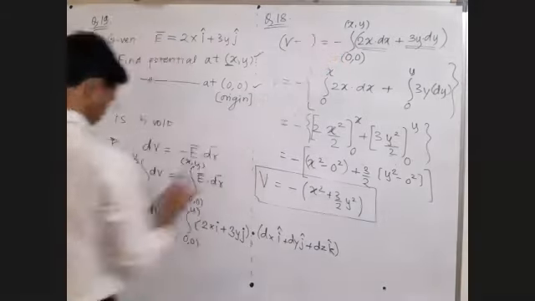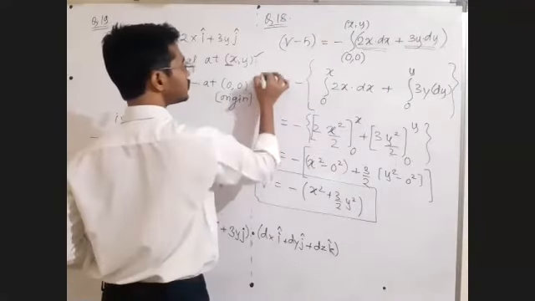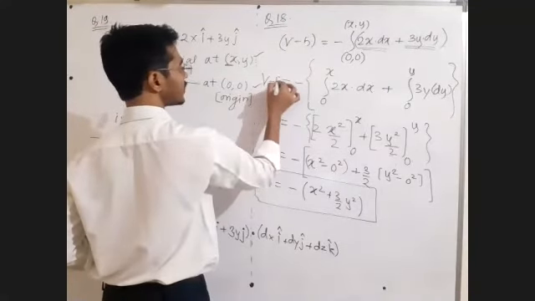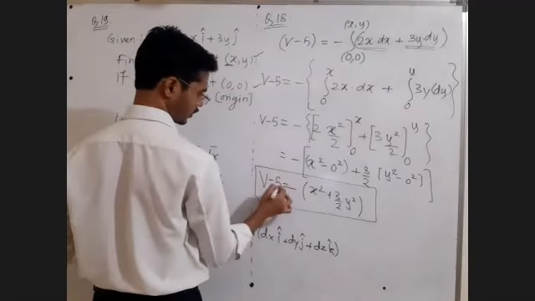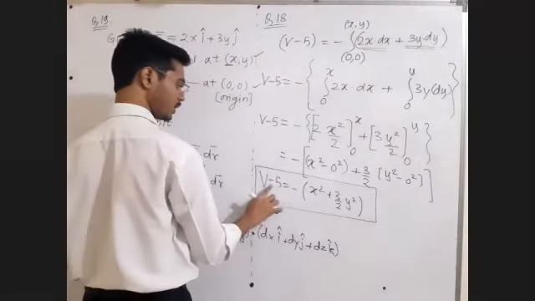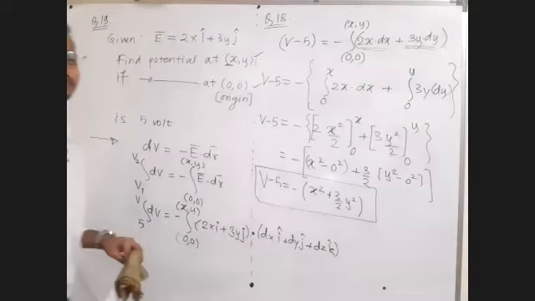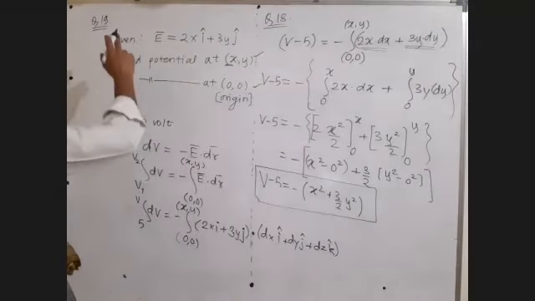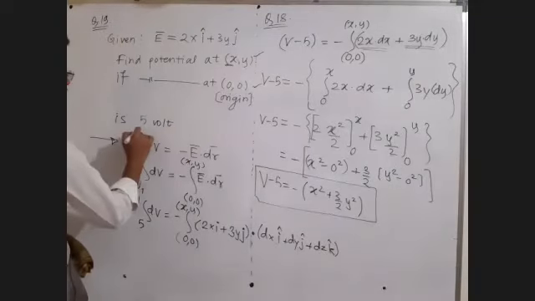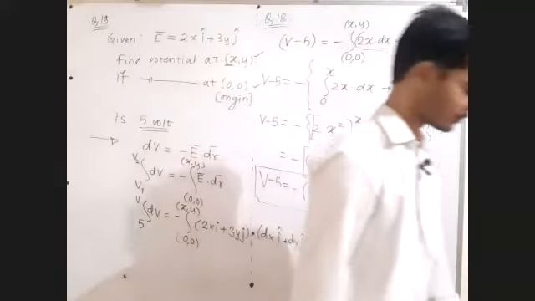Here also upper limit V, lower limit 5. So V minus 5, and if you want to find out V, 5 goes to the right hand side plus 5. That's the actual question given in the module. Is that clear? Write down the same thing but making the origin potential as 5 volt. Everyone write this down.